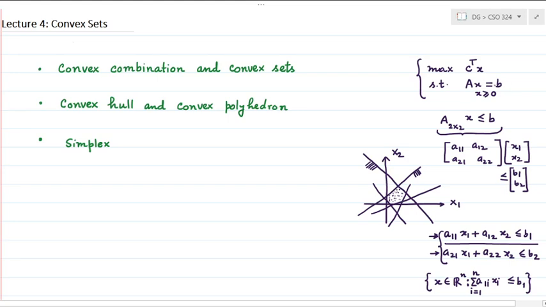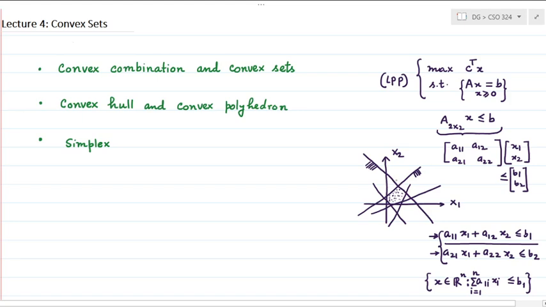So this set of all points x such that Ax equals b and x greater than or equal to 0 is called the feasible set, or set of feasible points, of the linear programming problem in standard form. And corresponding to this feasible set, we have the region in the n-dimensional Euclidean space, a polygonal region, right?